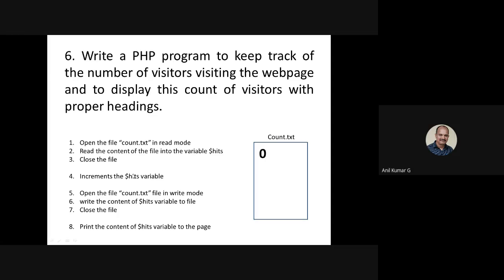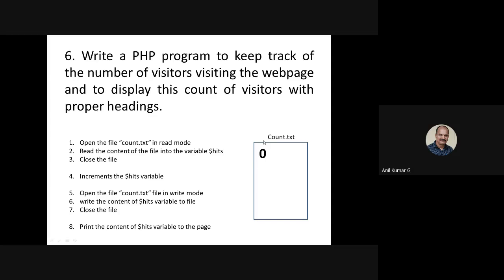Then we will increment the hits variable. Then once again we will open the file in write mode. The incremented hits content, we will place in the file and we will close it. And whatever the hits count, we are going to print on the page. This is how we are going to do it.